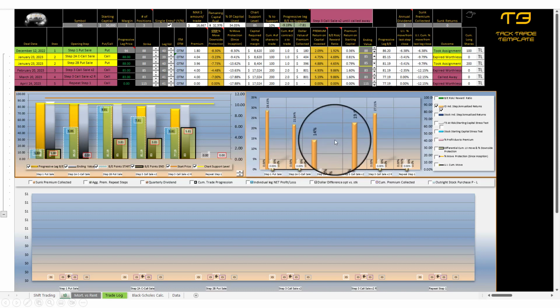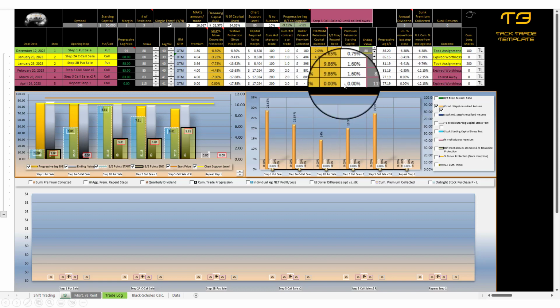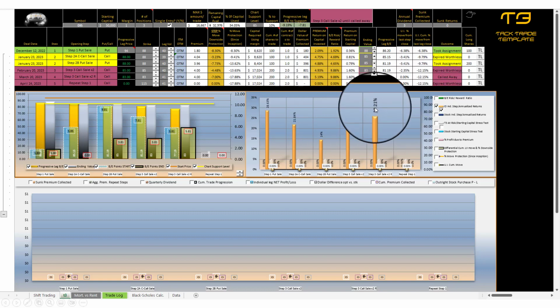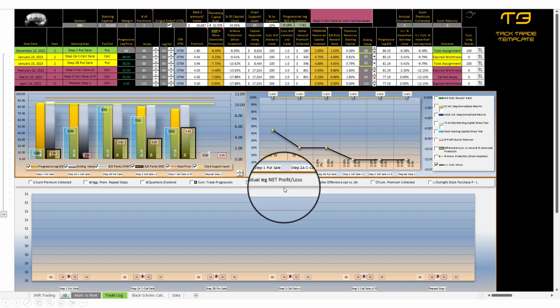So 1, 2, 3, over the period of 4 months, if you could repeat this 2 additional 4-month intervals throughout the course of the year, that would be a full calendar year of 12 months, you would annualize a return of 27.21%. And this is a position that had moved against you. Its worst point, 12.15% against where we began the trade at $94 a share.